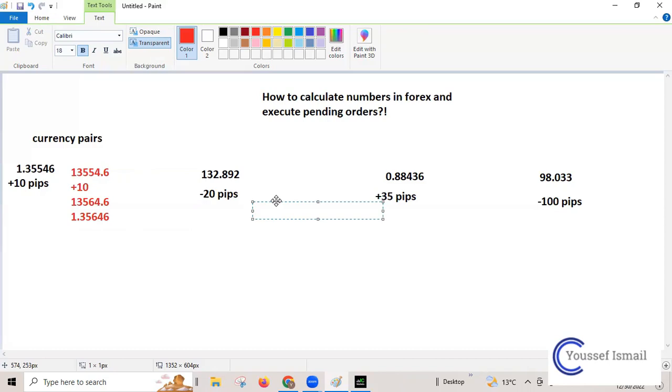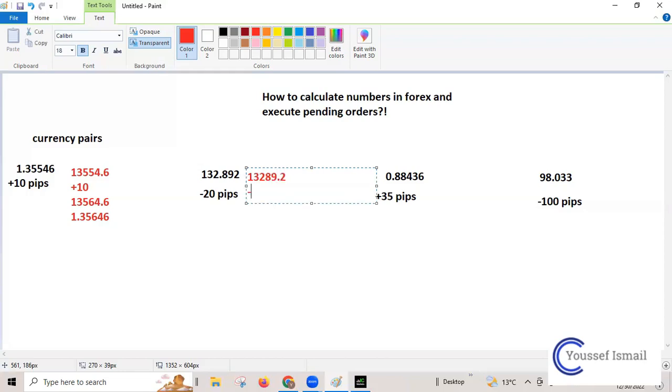So we have another form right there, 132.892, and we need here to subtract 20 pips from this number. So we need first to change it to the form where we can make the subtraction. And we're going to move the decimal point the same way we did in the first example, to be before the last number from the right, like so, 132.89.2.